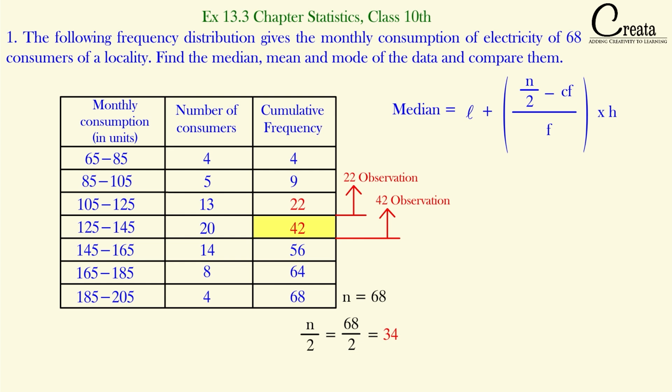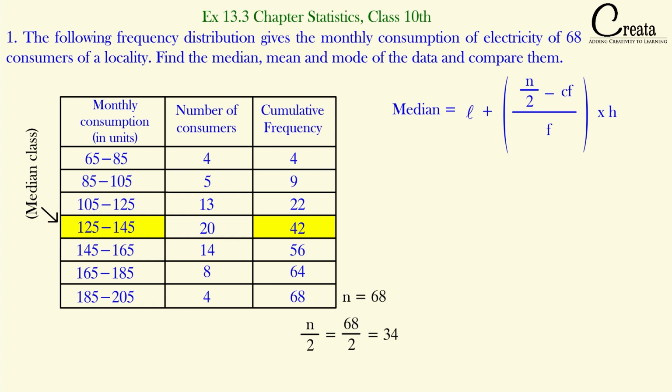We have to locate in which row our n by 2 will come, which is 34. It will come in the fourth row. Further, this range 125 to 145 will be called the median class, and our median will lie somewhere between 125 to 145. Got it?